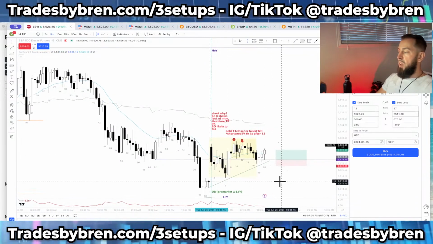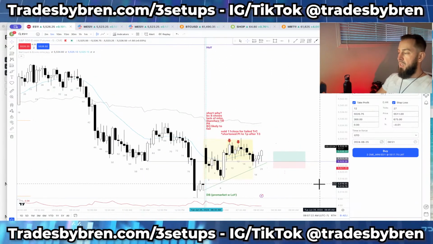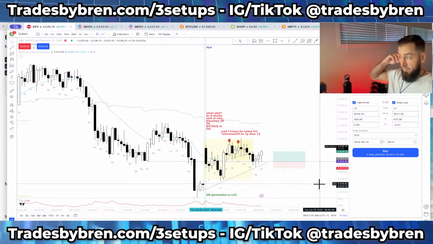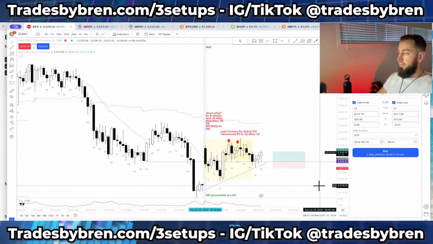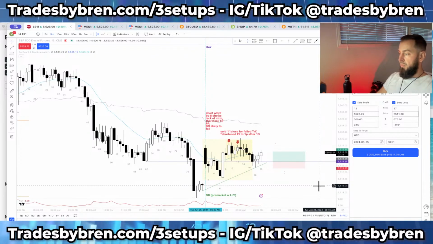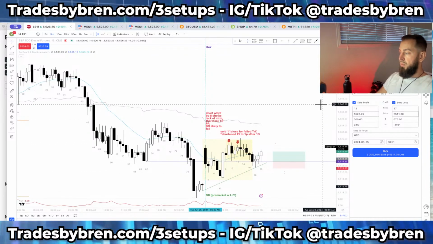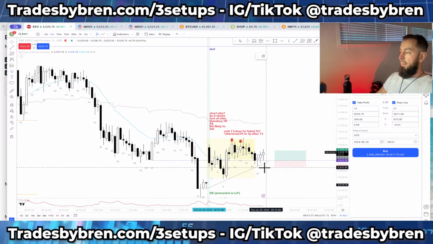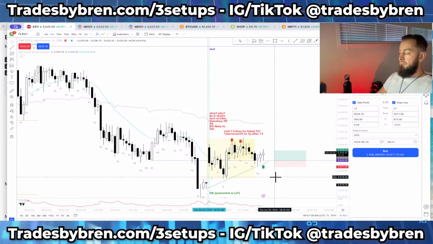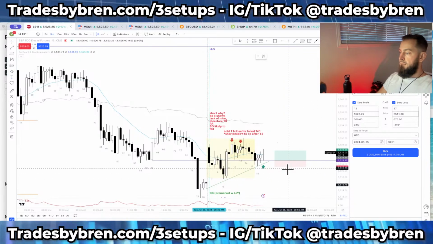Now they got a wedge bottom. So that's a reasonable buy, actually. Didn't even notice that. Yeah. That's a reasonable buy. Wedge.